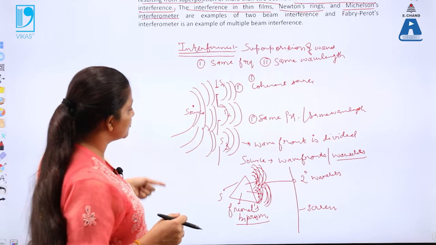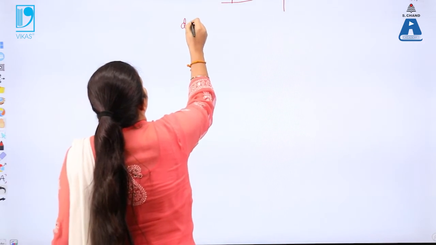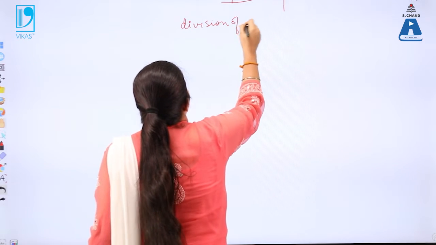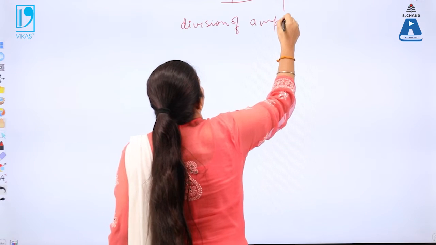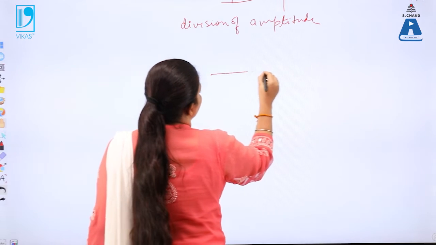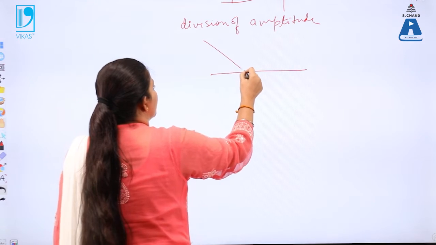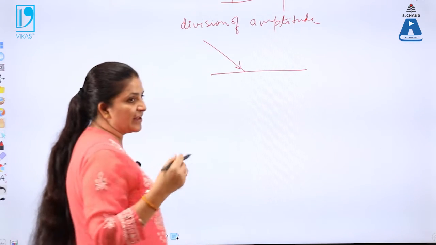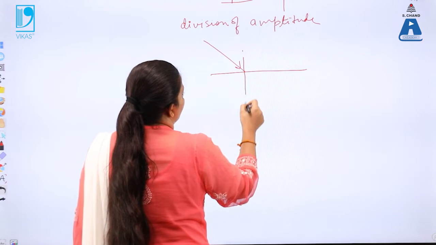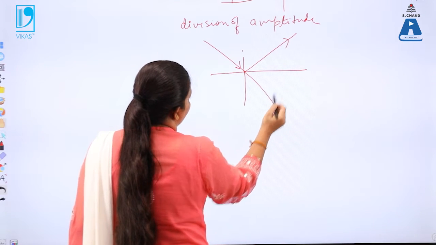That means in the division of amplitude, what will be done? Now if this is the surface here, when the light is incident here, partial reflection or refraction can happen. So at this point, along the normal, the light is either reflected or refracted.